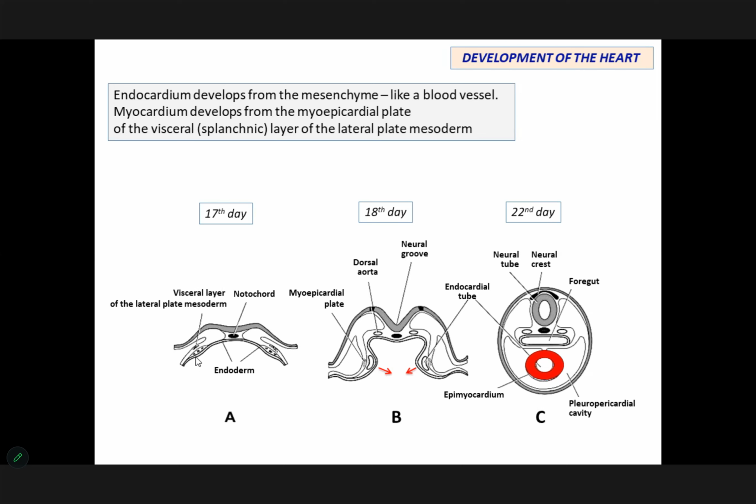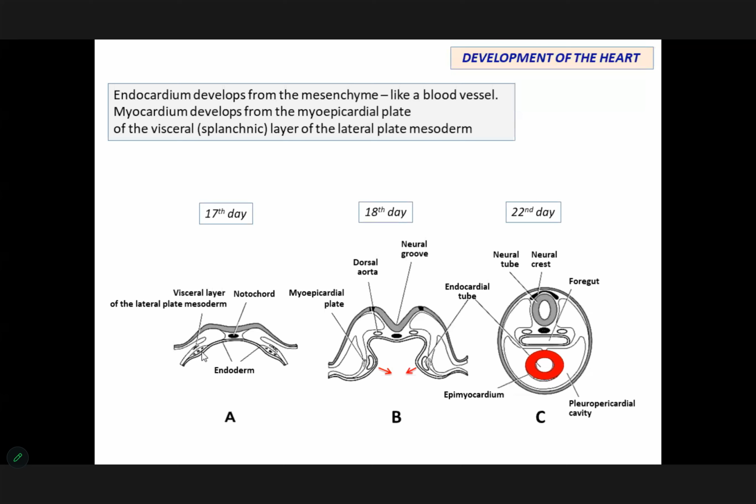What are these germs? Actually, endocardium develops from mesenchyme, which is located between endoderm and the visceral layer of the lateral plate mesoderm here, and the myocardium plus epicardium develops from the visceral layer of the splanchnopleure, visceral layer of lateral plate mesoderm.